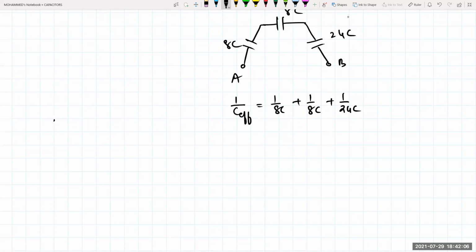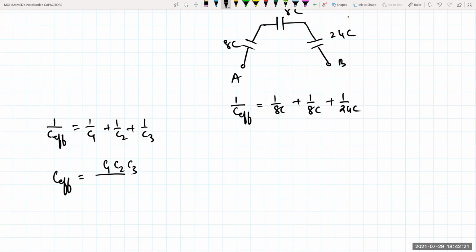When 1 by C effective looks like this, say 1 by C1, 1 by C2 and 1 by C3, then C effective will be equal to C1 C2 C3 divided by C1 C2 plus C2 C3 plus C3 C1.